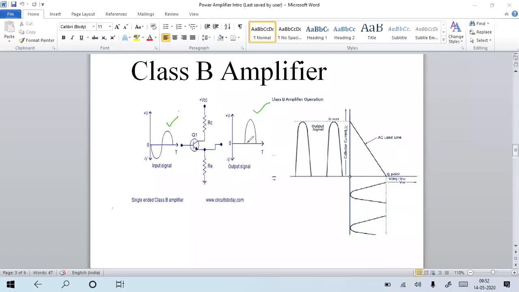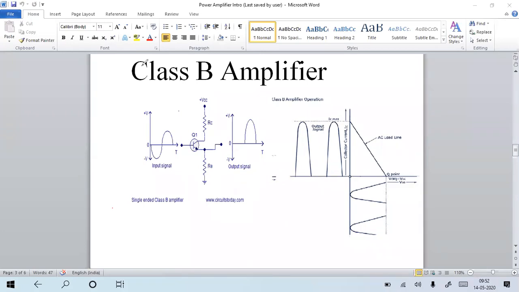Here you can see only the positive portions are retained with the amplified version, but the negative portion is completely clipped off. So this kind of output producing amplifier is called a class B power amplifier.